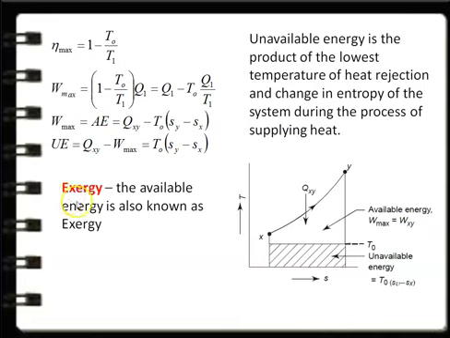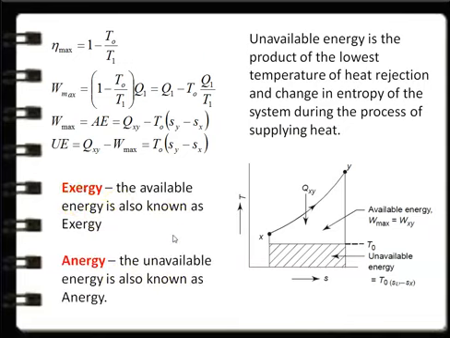And this is exergy. The available energy is also known as exergy, and the unavailable energy is also known as anergy. So these are the two terminologies. Available energy, availability, all these are referred to as exergy, the new term for available energy.